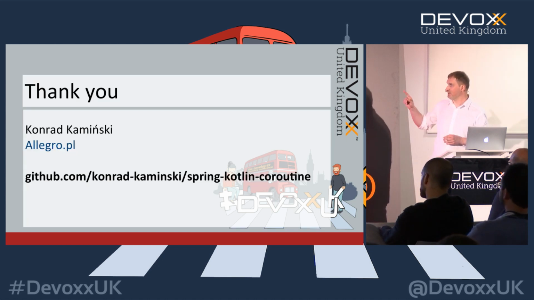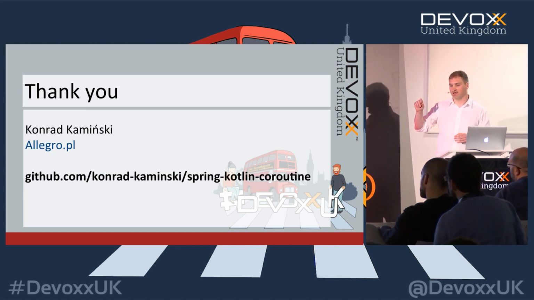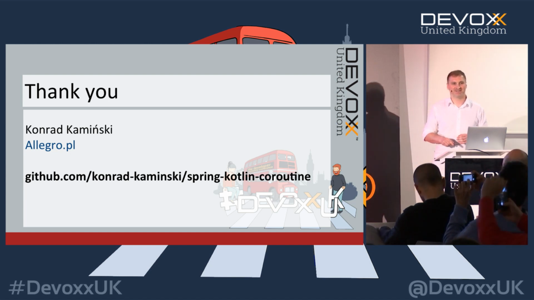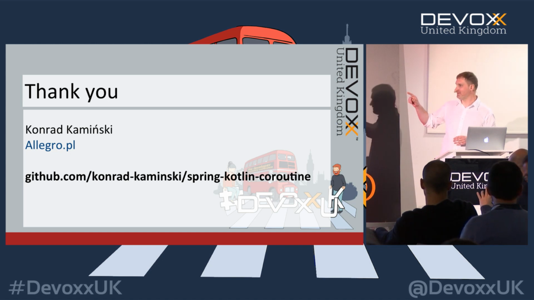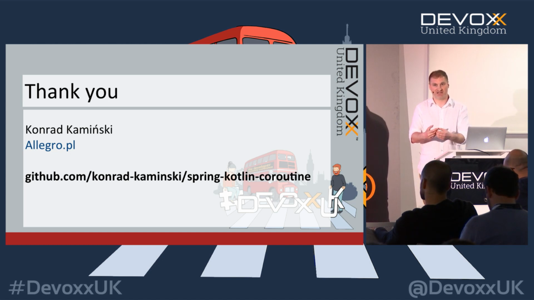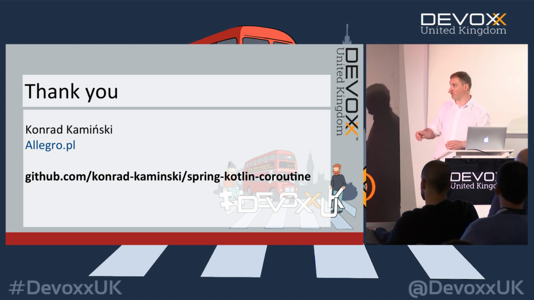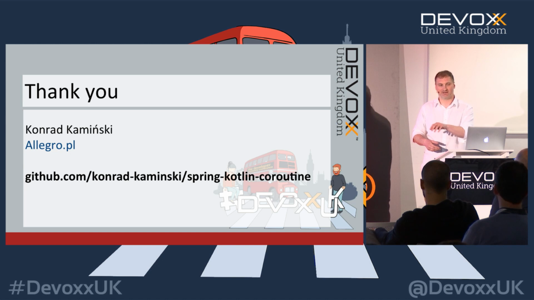So this is me, and this is my GitHub account, where you can find, if you use Spring Framework, a library which allows you to use coroutines in your Spring applications, so that, for example, you can have a REST endpoint as a suspending function, or you can have database repositories where your functions are suspending.